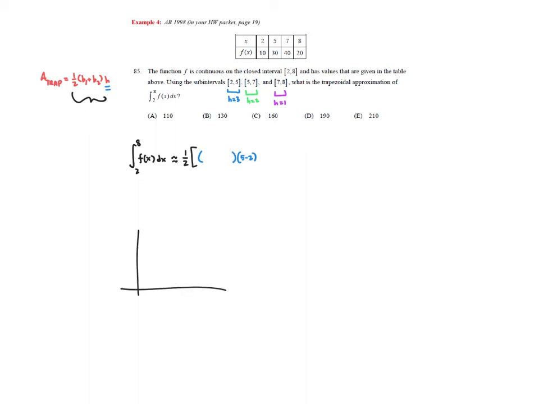All right, so here's x and f of x. Not to scale, don't judge. I got 2 to 10, and I got 5 to 30, and I got 7 to 40, and I got 8 to 20.